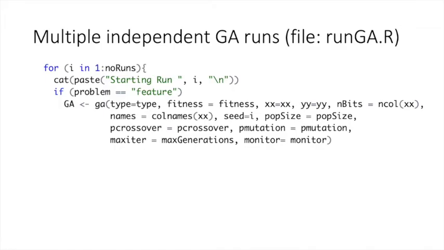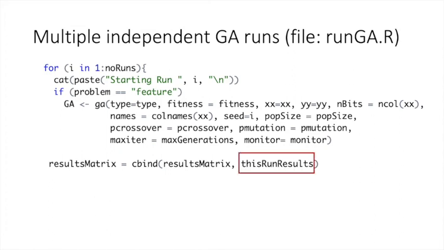However, notice that while the genetic algorithm runs, it will produce different statistics like the best fitness, the average fitness, or the median fitness in each generation. So it will record those three statistics for all the generations inside a run, and we need to record them as well. It turns out that the runGA.R records these three statistics in each generation in a matrix called this run results.